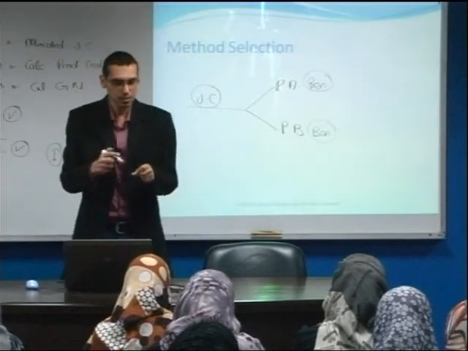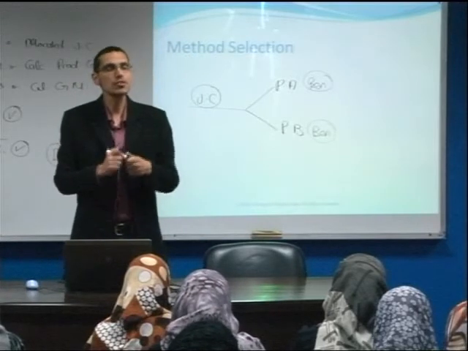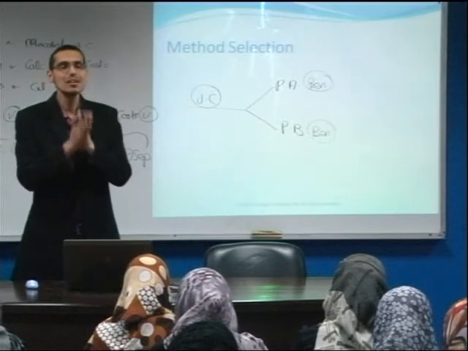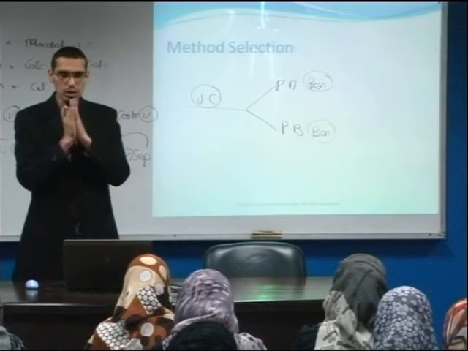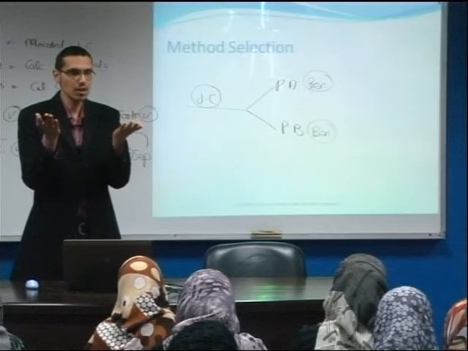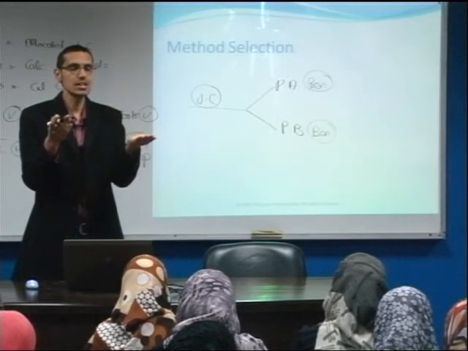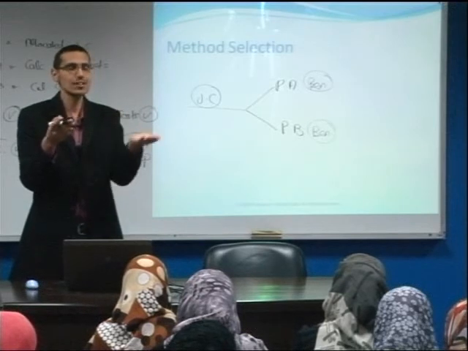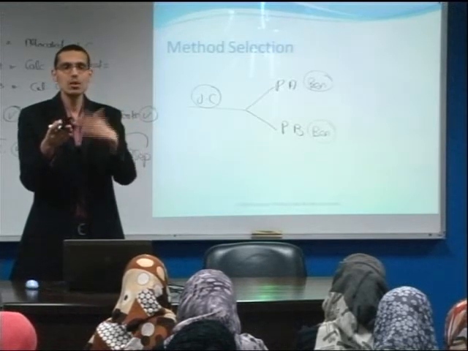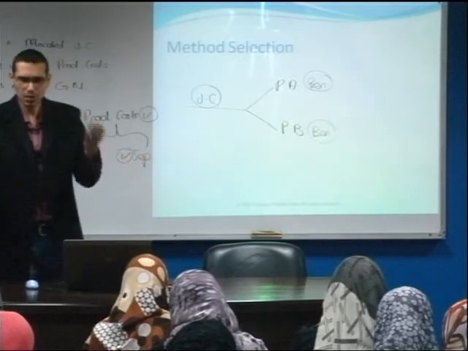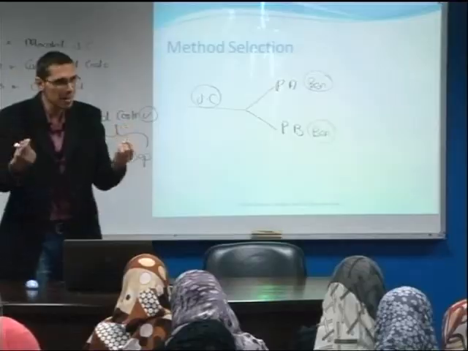This is why the best method to be used is the market-based category. Because as we all know, the market-based category considers the sales value, whether it is the sales value immediately after the split-off point, or the sales value after further processing. But we are considering the sales value.